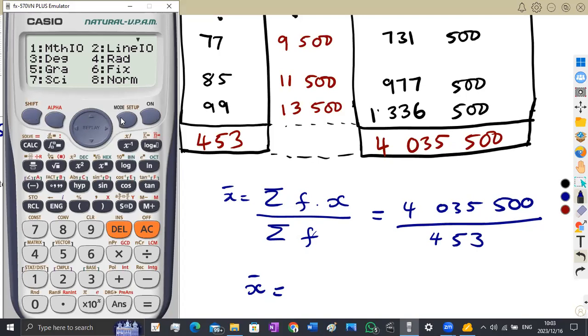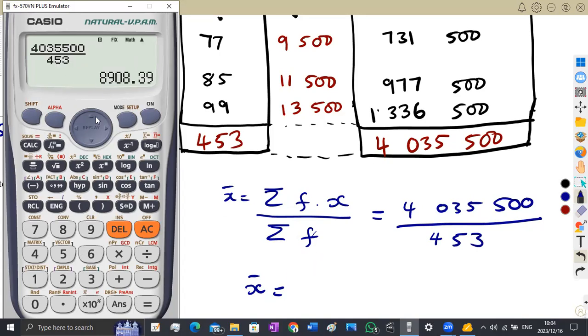To round off to 2 decimal places, press 6, which is the fix. So you fix your calculator to 2 decimal places, then you press 2.